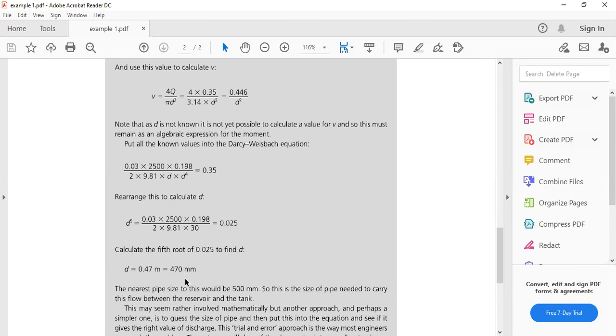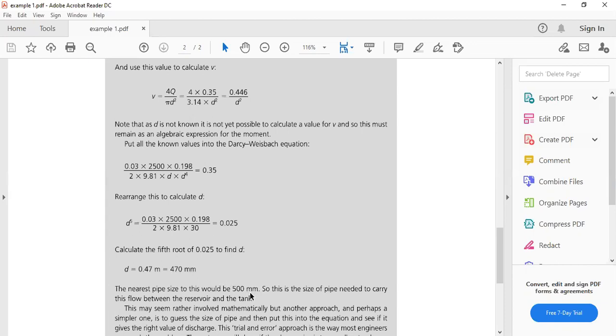If this value is a decimal, you move to the nearest whole number. So maybe if again you find that the pipes being sold are moving in units of 10 or maybe in units of 50, you find that the nearest pipe to this would be a 500 millimeter pipe.